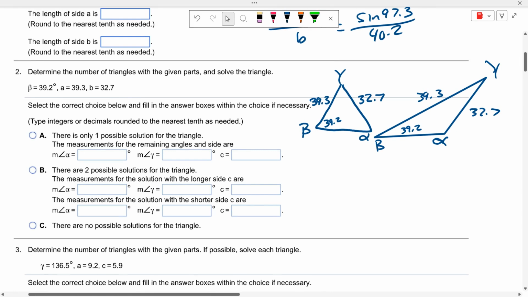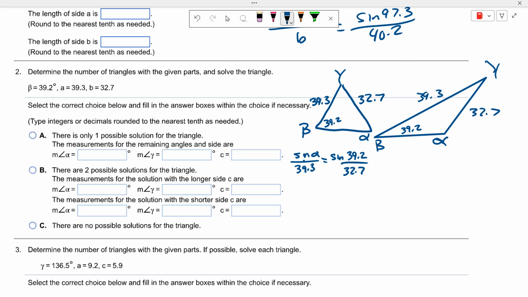Okay, so the first thing we have to find is alpha in each of these triangles. So to do that, we say the sine of alpha over its opposite side, 39.3, equals the sine of beta, which is 39.2, over its opposite side, 32.7. So 39.3 times the sine of 39.2 divided by 32.7.